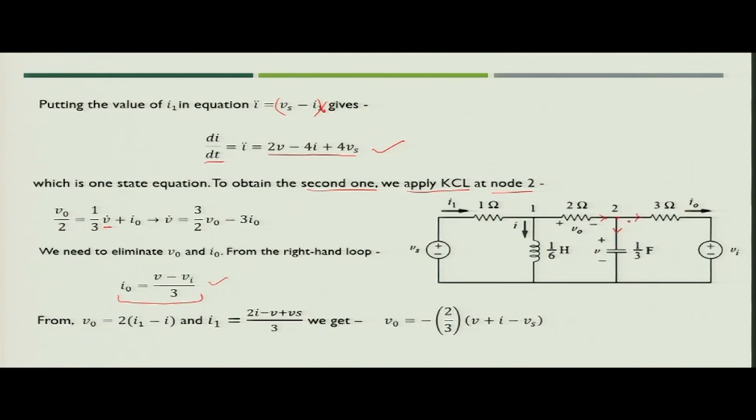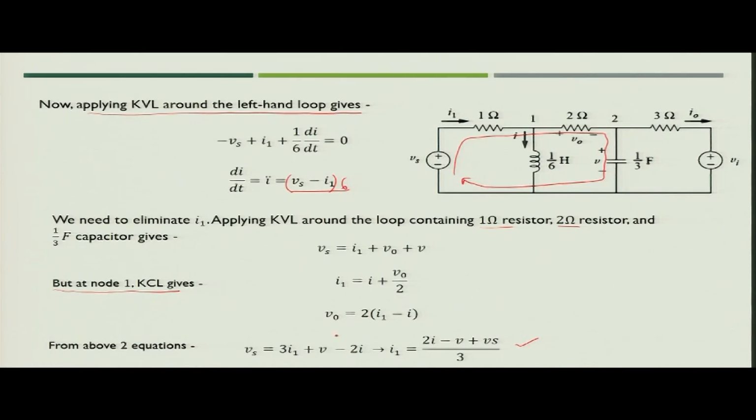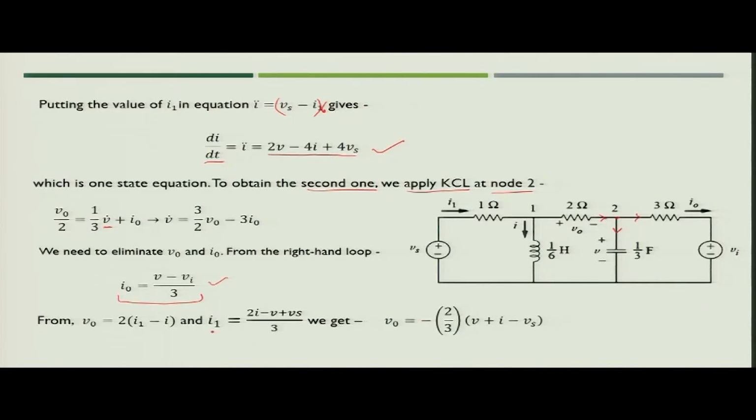So, we get this from this loop, and from the previous discussion, V naught we have got as 2 into I1 minus I, and I1 we have got as 2I minus V plus Vs by 3.